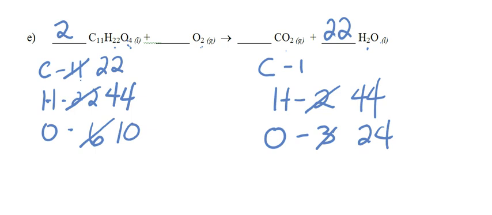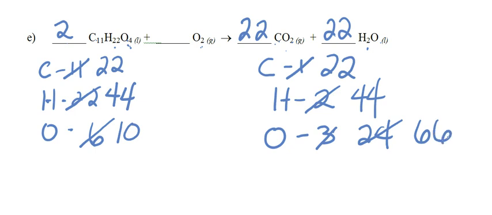All right, so now let's balance our carbons on this side. So I have 2 times 11, which is 22. So I'm going to put 22 there. How many total oxygen do I now have? Well, I have 44 plus 22, which is, what is that, 66? Okay. All right. So my carbon and my hydrogens are balanced.